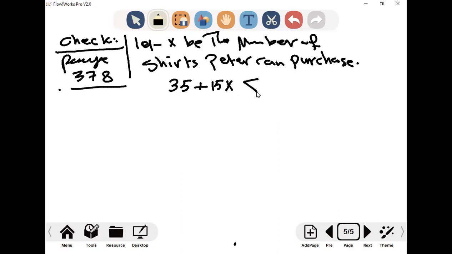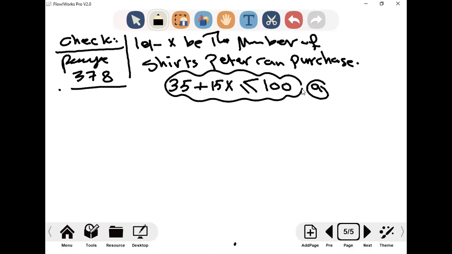Less than or equal to what? From where do we get less than or equal to? From the words no more than, or from the understanding of the question. He has $100. He cannot buy with more money. Got it? So part A, we select what? Part A, this is the inequality. Now we need to solve it.